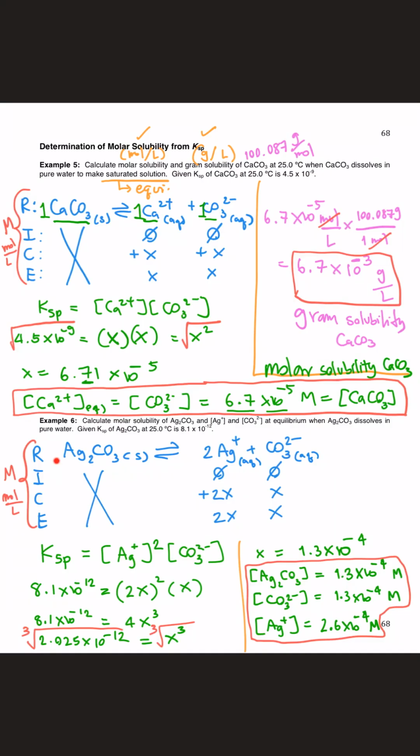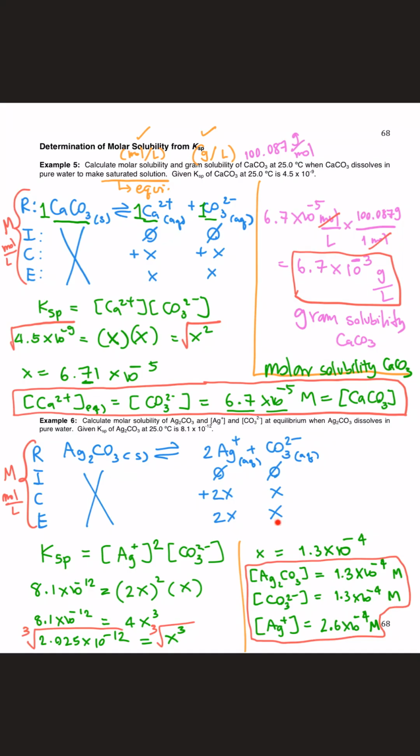Because the ratio of silver carbonate to silver ion to carbonate ion is 1 to 2 to 1, the molar solubility of silver carbonate would be the same as the x value because it's a 1 to 1 ratio. If you want to look at this, go back to example 5, and you will see the same thing. The molar solubility represents the x value at equilibrium.